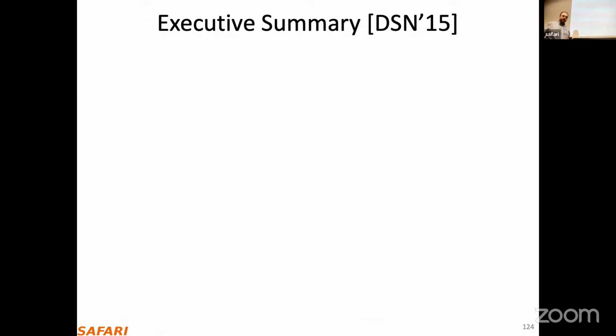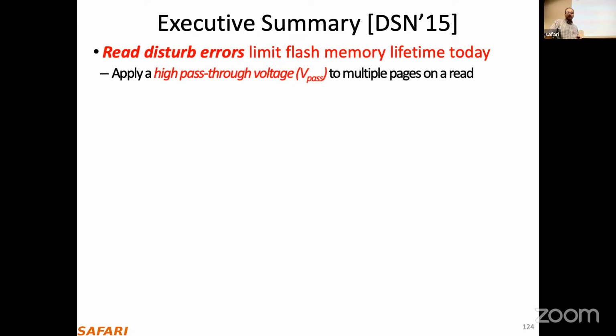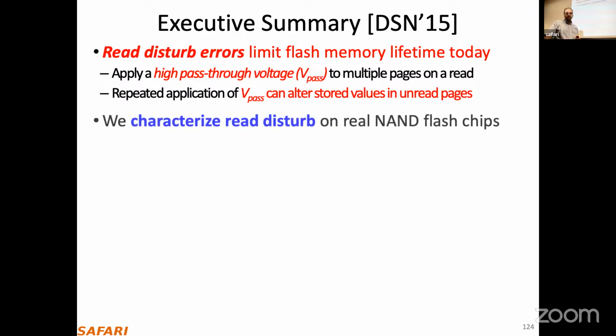This is the work that we did at the DSN conference in 2015. I will go over the executive summary relatively quickly. Read disturb errors limit flash memory lifetime today. The reason is that we apply a high pass-through voltage to multiple pages on a read, and repeated application of VPass can alter stored values in unread pages.